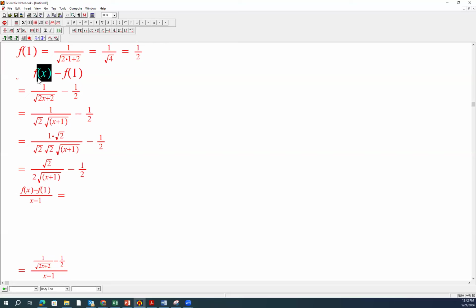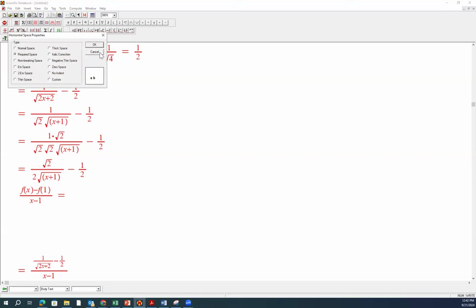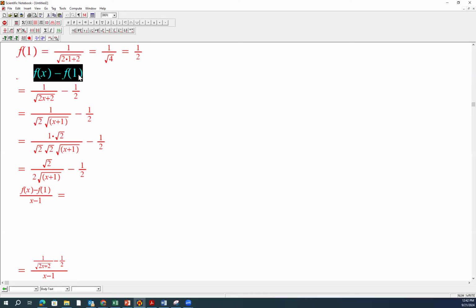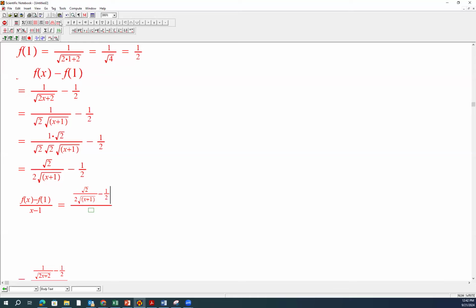The numerator is this piece, which is that part. So there's a big fraction. The numerator is in fraction form. Denominator, of course, is x minus 1. We got a complex fraction.